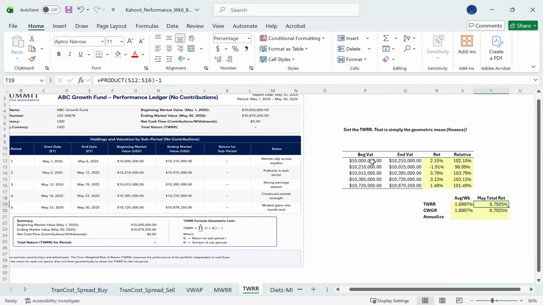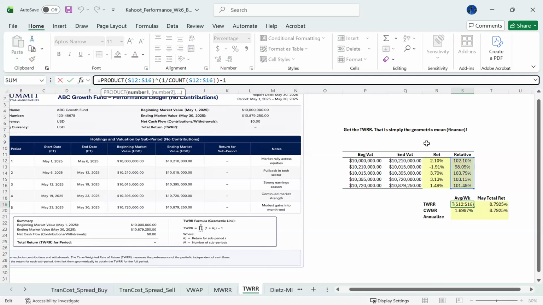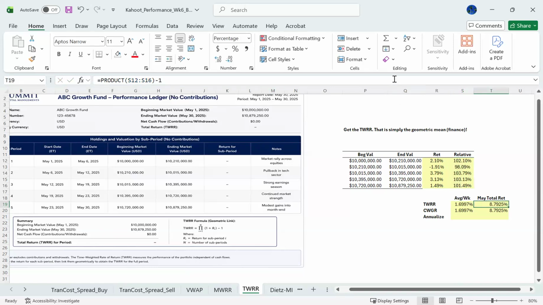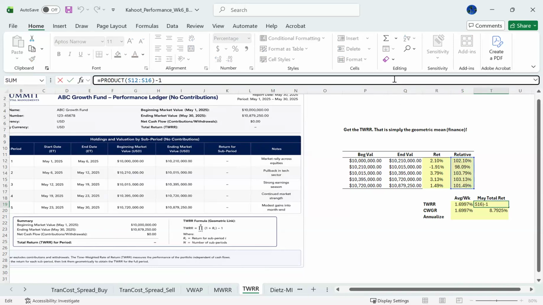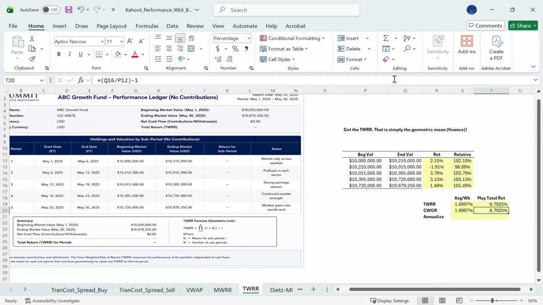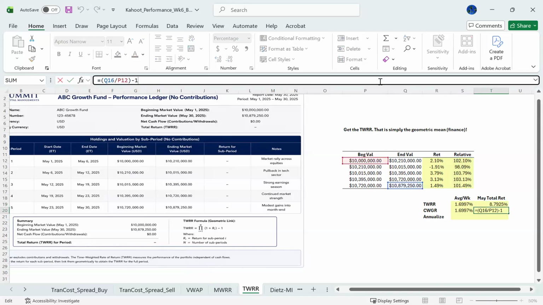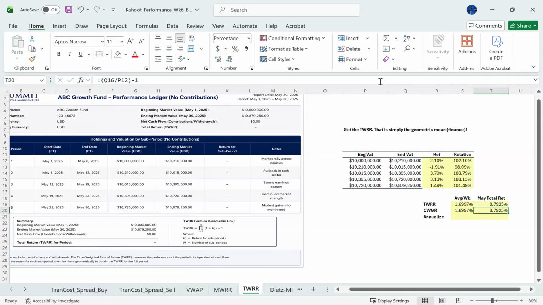So you have two different ways. You can get all of these price relatives, multiply them, and subtract 1, and you would get the overall return for May. Or you can take the ending value of May divided by the beginning value in May, subtract 1, and you get to the same number.